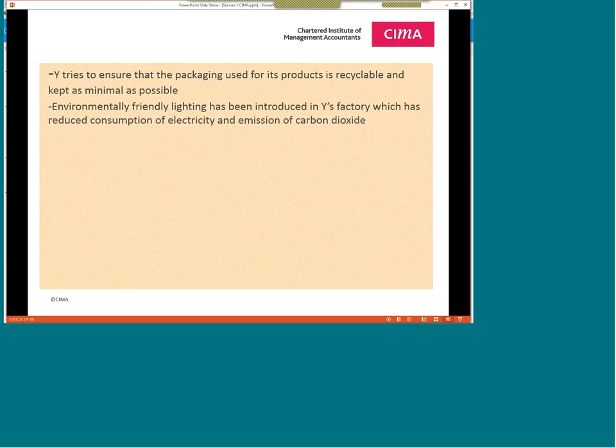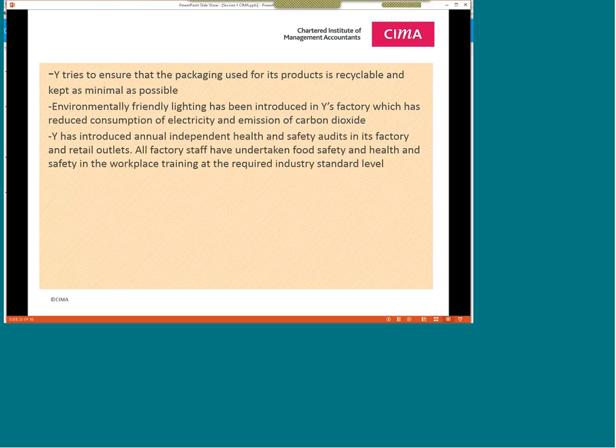Annual independent health and safety audits in factory and retail outlets. Food and safety, workplace training. I could have separated these two, sorry. So when we talk about health and safety audits, social, very good.